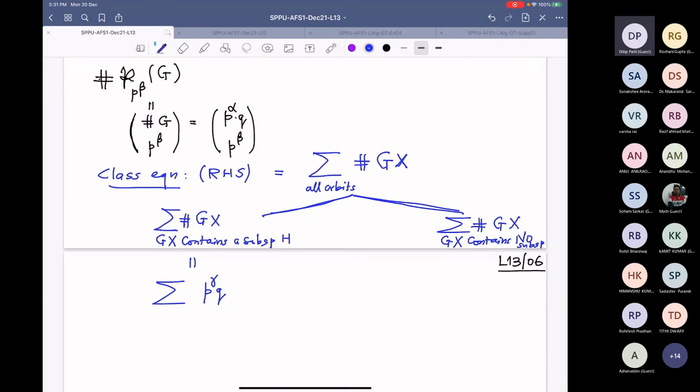If it contains a subgroup, and this subgroup is of order p power beta, obviously.